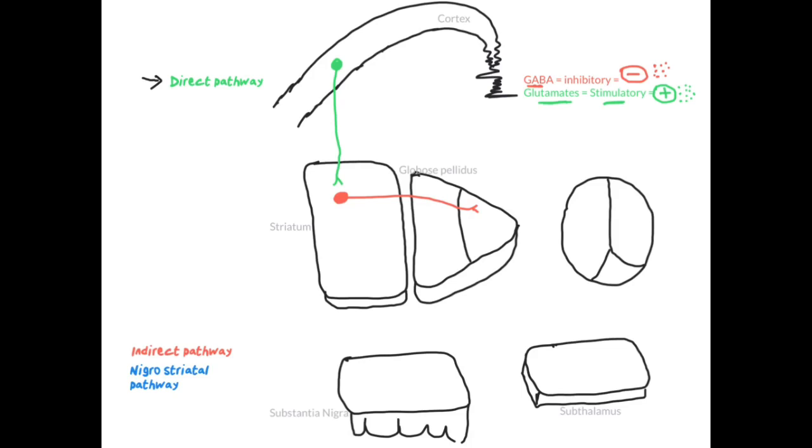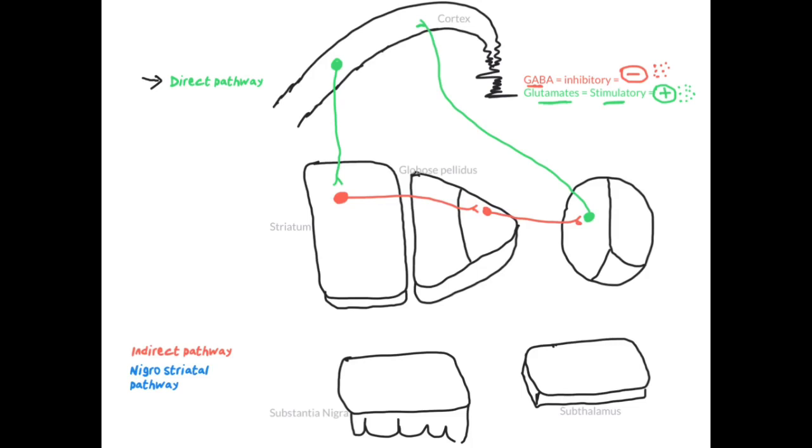And from the globus pallidus interna to the thalamus are the pallidothalamic fibers, which are also GABAergic. Then we have these green neurons in the thalamus that send the signal to your cortex. These are called the thalamocortical fibers. These are the names of the different fibers. So this is your direct pathway.